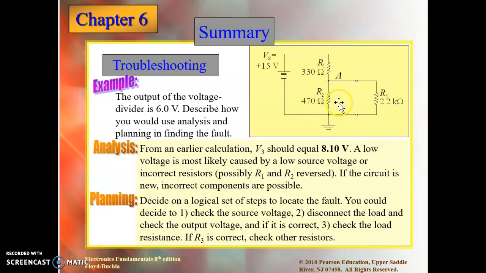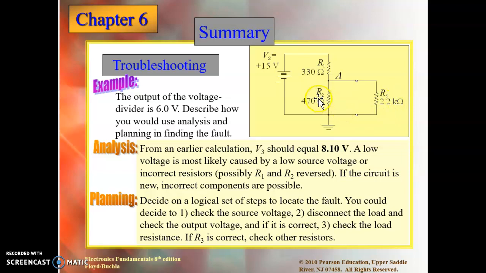Okay, so they say let's stop, don't worry about R3 yet. Let's just analyze here. If the circuit is new, incorrect components are possible. Decide on a logical set of steps to locate the fault. You can decide to, one, check the source voltage. Yes, make sure you are actually inputting 15 volts. Two, disconnect the load and check the output voltage.